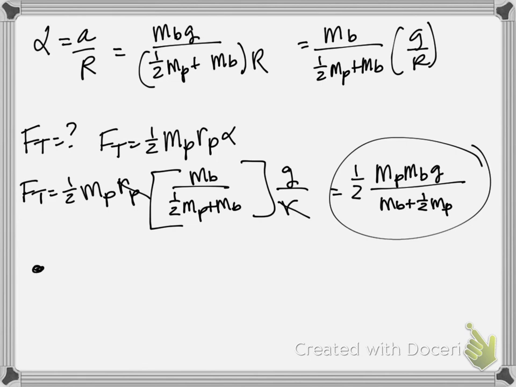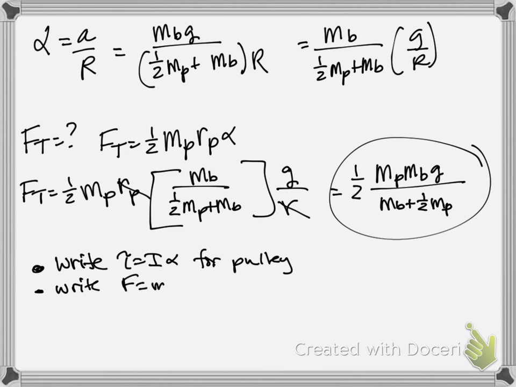First idea: you're going to write your Newton's second law for the pulley, right? So in a problem like this, you're going to have one pulley and one block. Write your Newton's second law for your pulley. Then write your Newton's second law for the block.